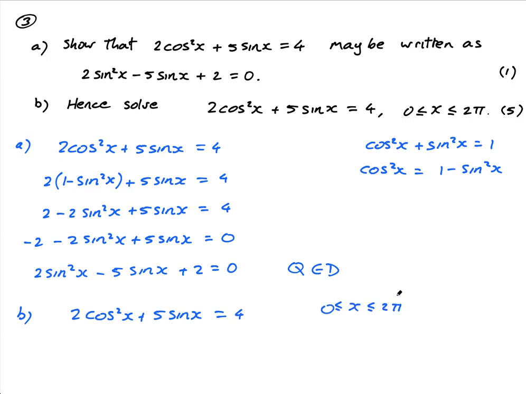Now it says hence, which means instead of solving this, I'm going to solve 2 sine squared x minus 5 sine x plus 2 equals 0. It's a common question to just get this and say solve it, but part A sets you up. It shows you the first thing to do, and the first thing to do is change it all into sine.